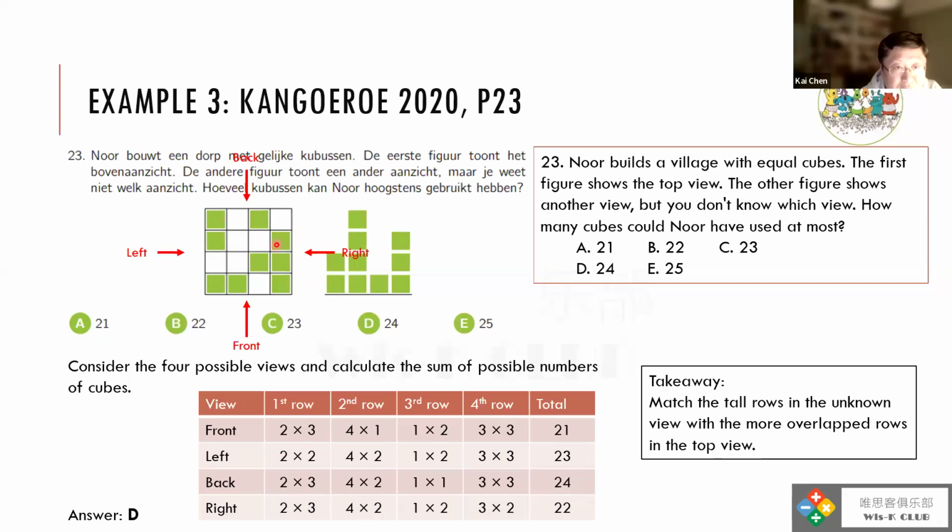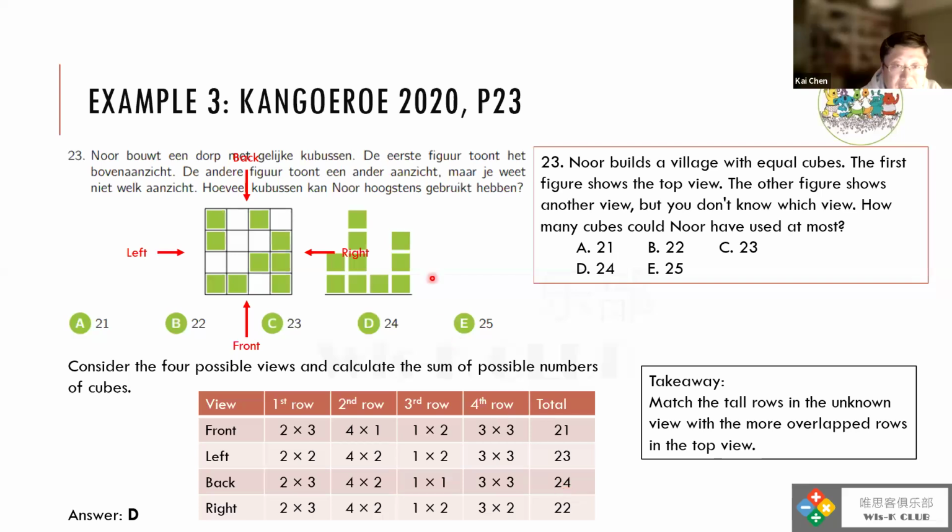The second row also has 2 towers, so it's 4 times 2, and here is 2 times 1. We sum them up and it gives us 23 instead. And we do the same for the back and the right, and for each possibility we add them up and find 24 is the largest number.